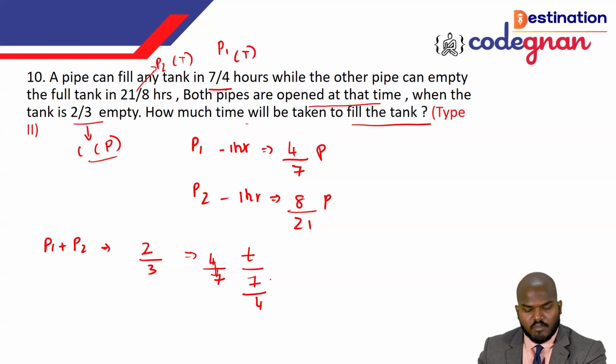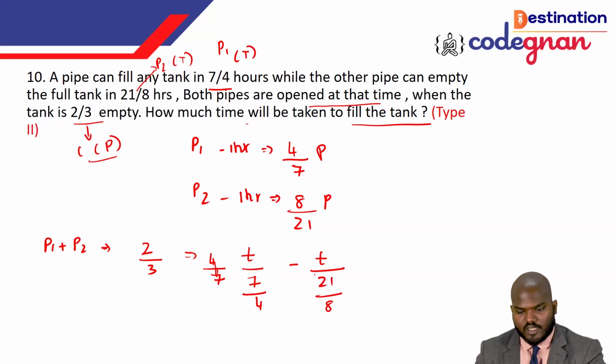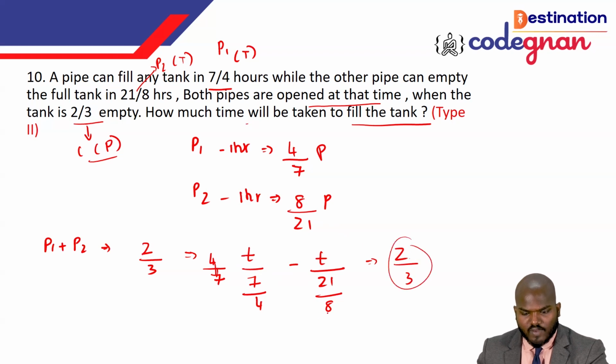Because one thing is emptying and one thing is filling here, I am calling the other T by 21 by 8 hours. So this is a part now. Once you take this one, guys, we can call this 2 by 3. You see, we have the value like this.